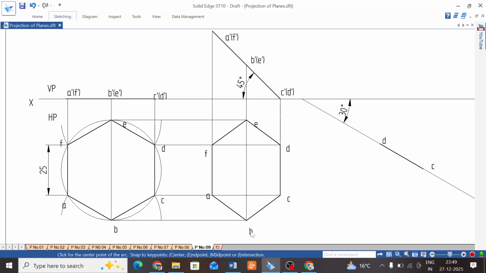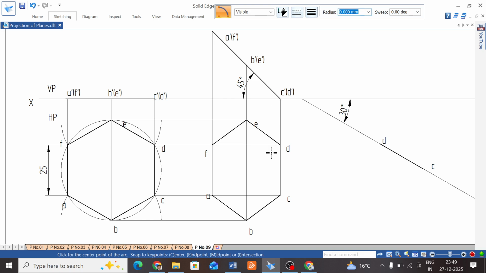Now using the arc method, get the points E and B. First measure the distance from D to E. D to E is 21, then again C to B also 21. D is the center, 21, draw one arc, and again C is the center, 21, one arc.